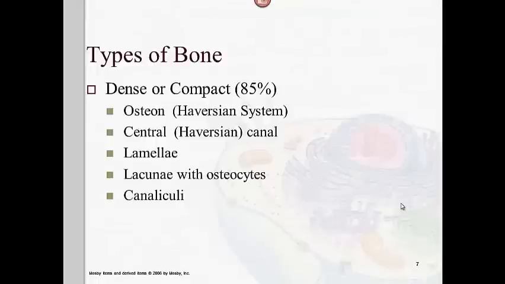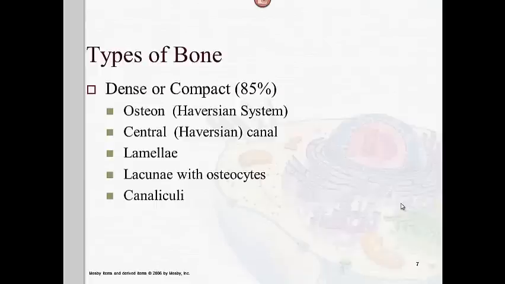Now, types of bones. The classification of bone types could be long bones, short bones, flat bones, sesamoid bones, irregular bones. For example, long bones are characterized by having a shaft, which is called diaphysis, that is much longer than it is wide.